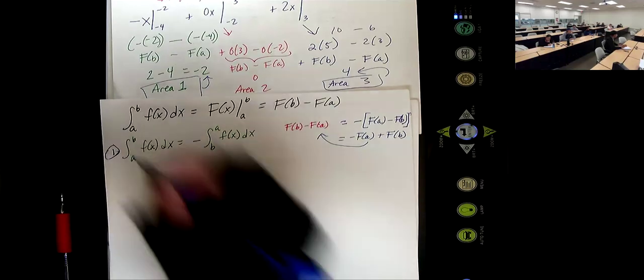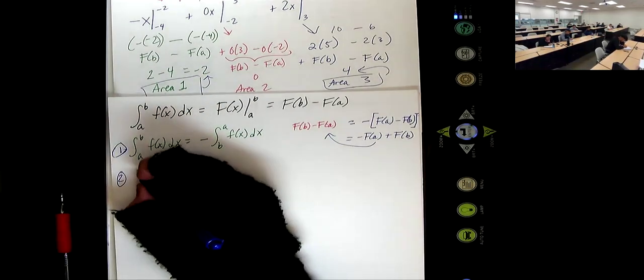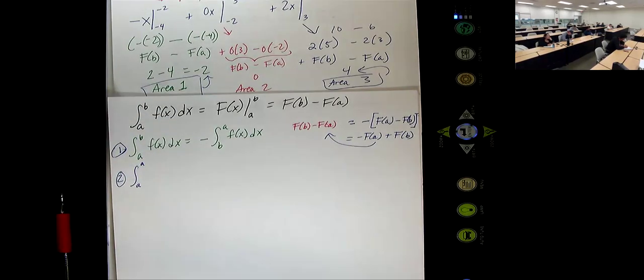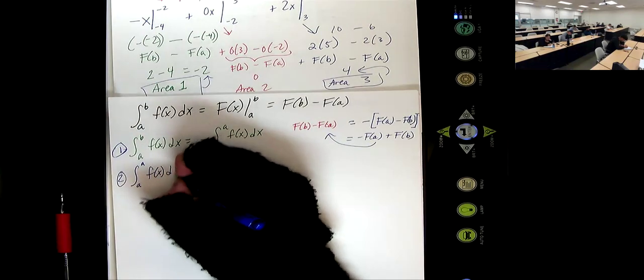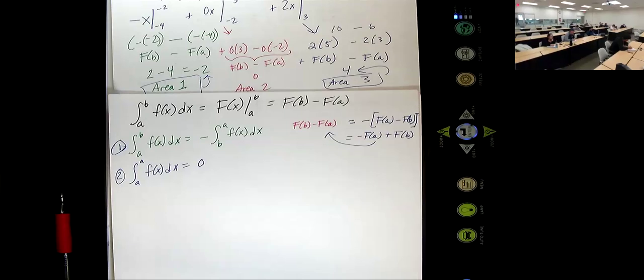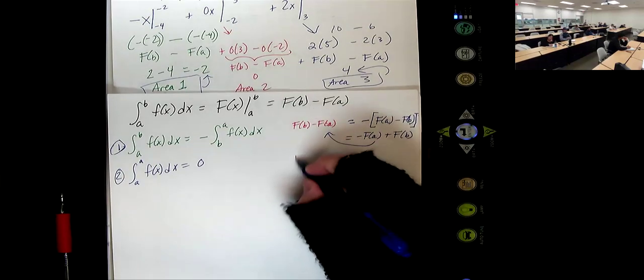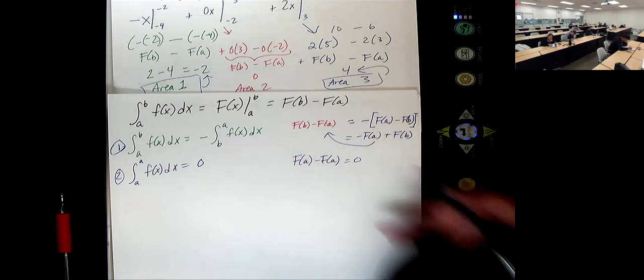Property 1. Property 2. If you're integrating and your boundaries are the same, the lower limit is the upper limit, this equals 0. If we use the fundamental theorem we had up there, this turns into F of a minus F of a, and that's just 0.